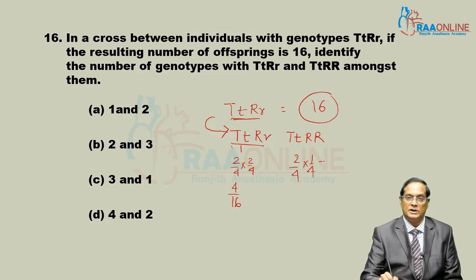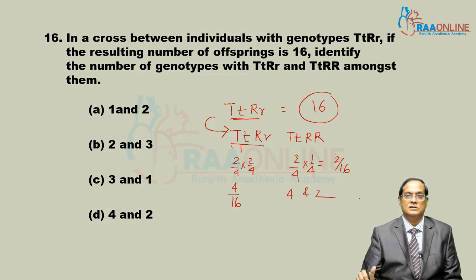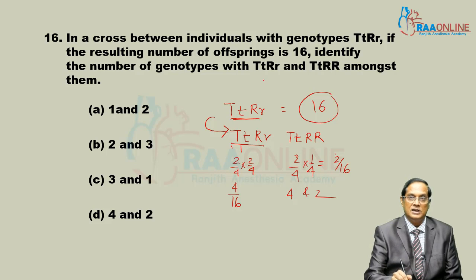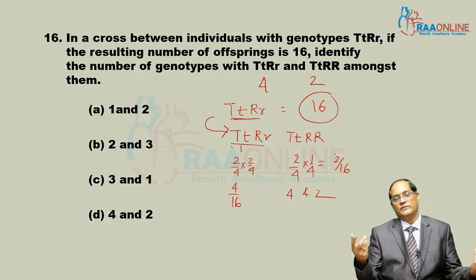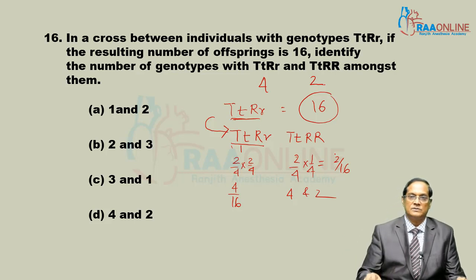Apply the monohybrid cross ratio directly, and you will get 2/16. Then the answer is 4 and 2. Otherwise, make the entire checkerboard and apply this one.